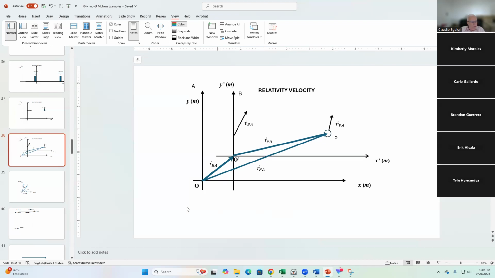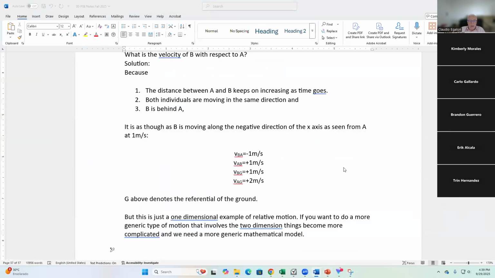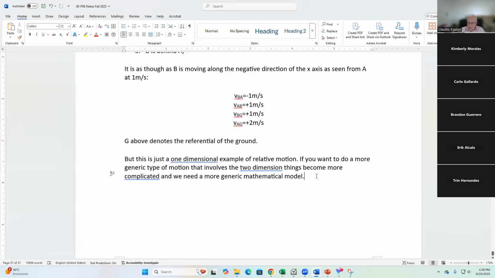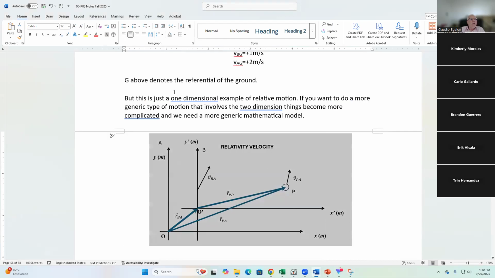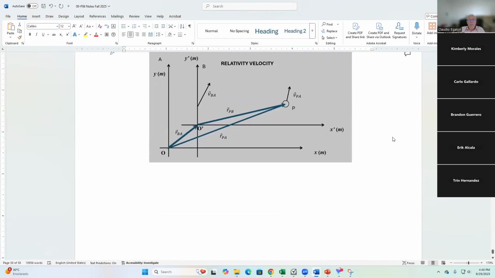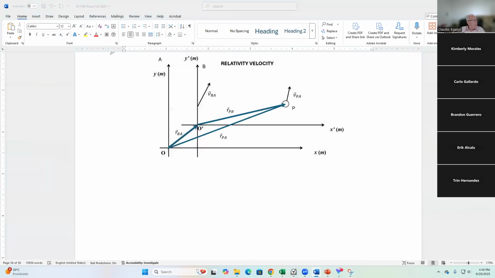If you look carefully here at this drawing, you're going to notice the following. Let me copy this thing, okay? Take a look. I'm going to copy and paste right here. 10 more minutes to go. Let's see if I can finish that. Notice that this vector that you see right in here that goes from the origin of referential A to the point P is the sum of these other two vectors, okay?